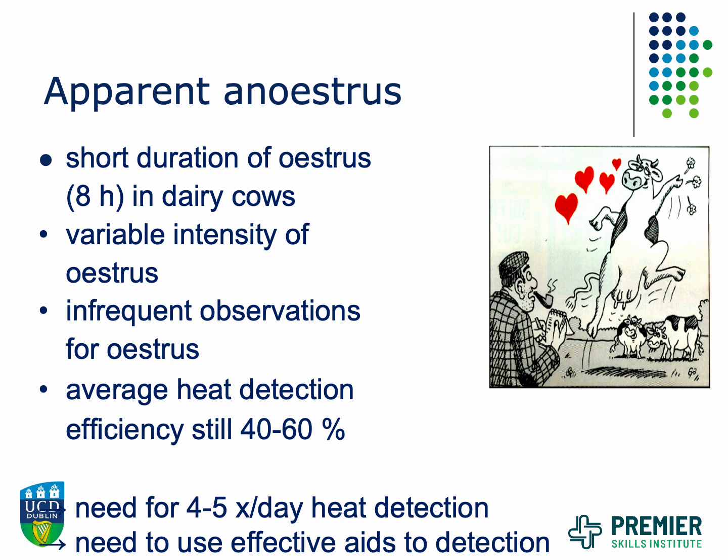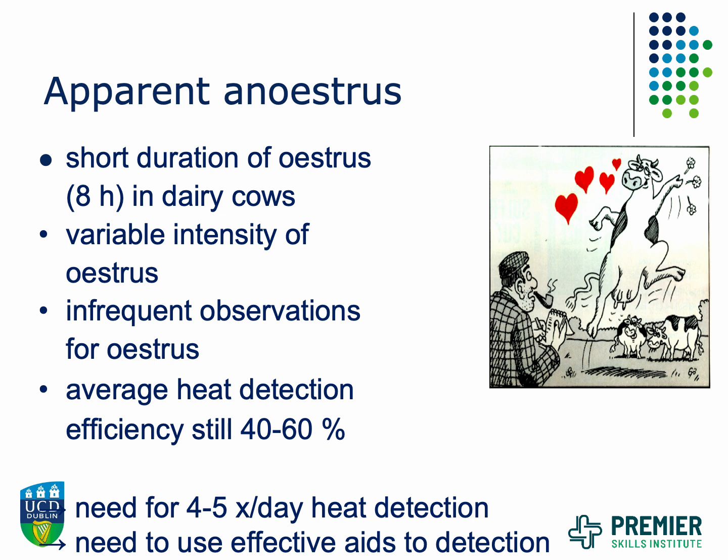Apparent anestrus is one of those things that it's very easy to say, you just didn't pick it up. Animals, and specifically the high-yielding dairy cows, have a relatively short duration of estrus. So you can miss them quite easily, and then they may not show strong estrus behavior. If you want to do it right, you need to do it 4 to 5 times a day, and ideally with the use of some extra aids.